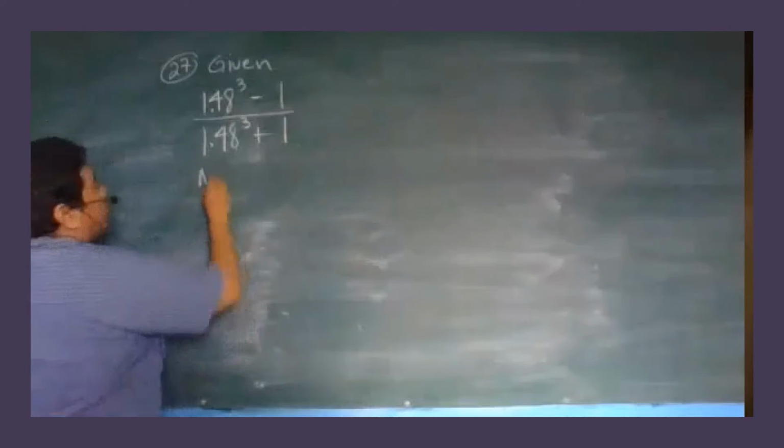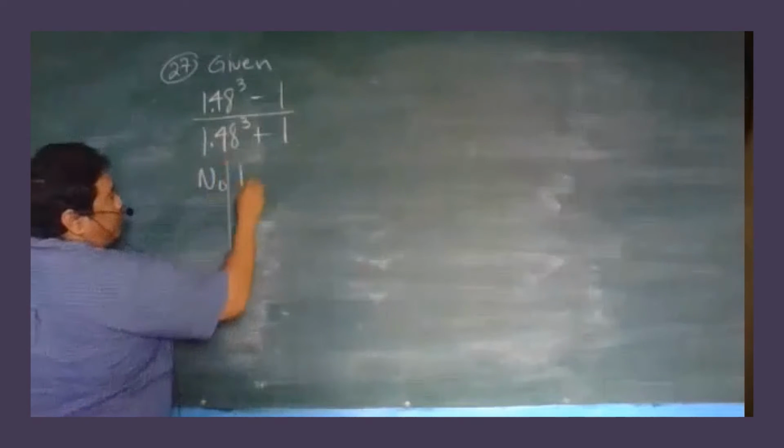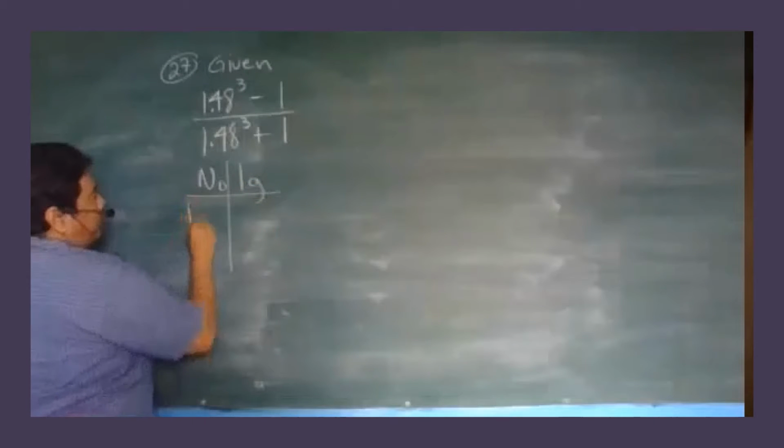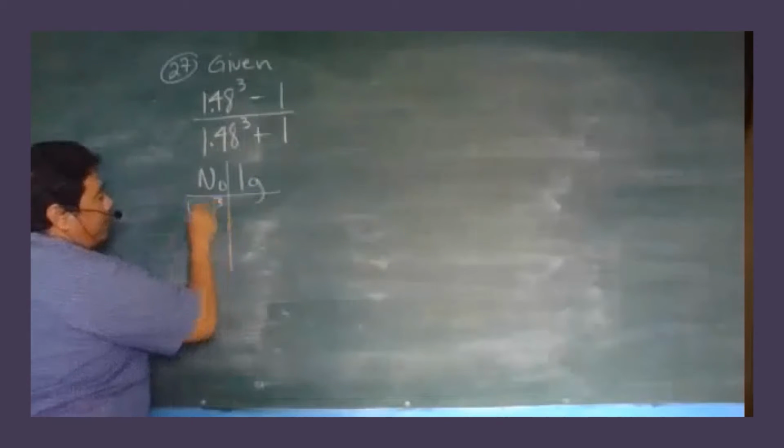There is no addition and there is no subtraction in logs, which means that we're going to have to do two different tables. The first table is just going to be applying the power, and the second table is actually going to be solving the problem.